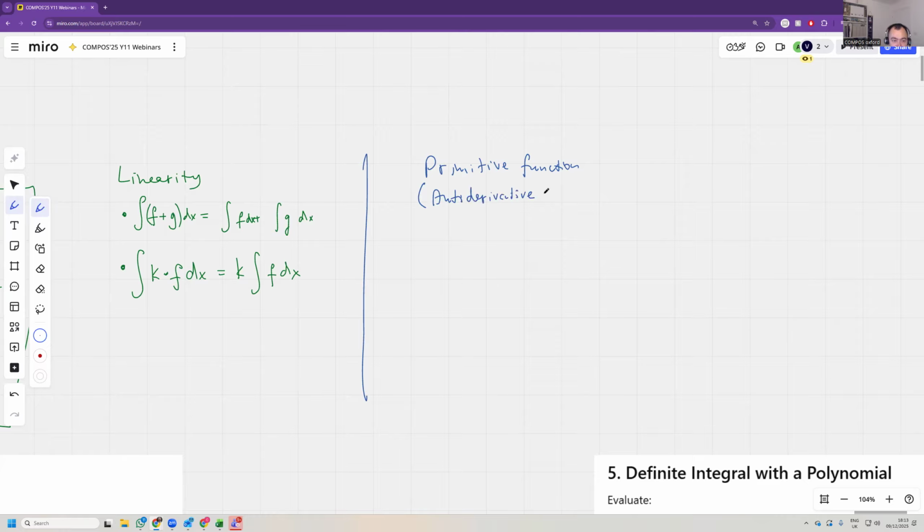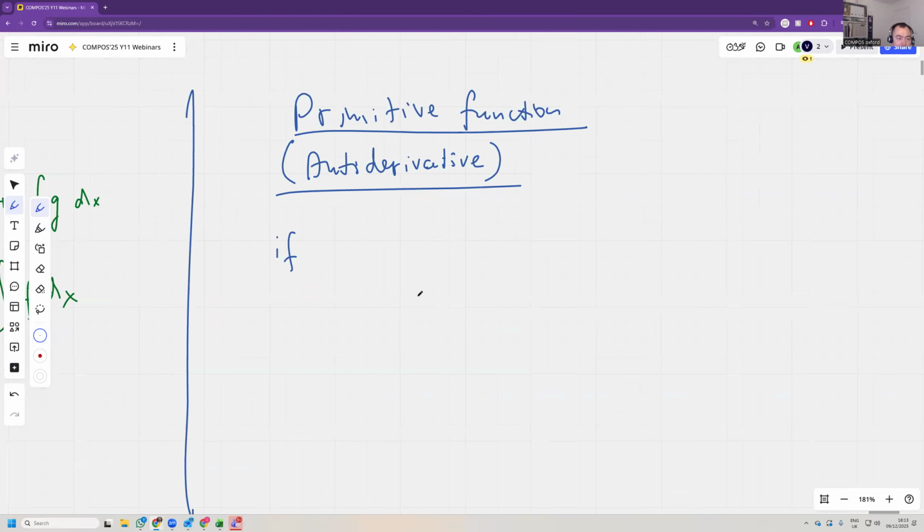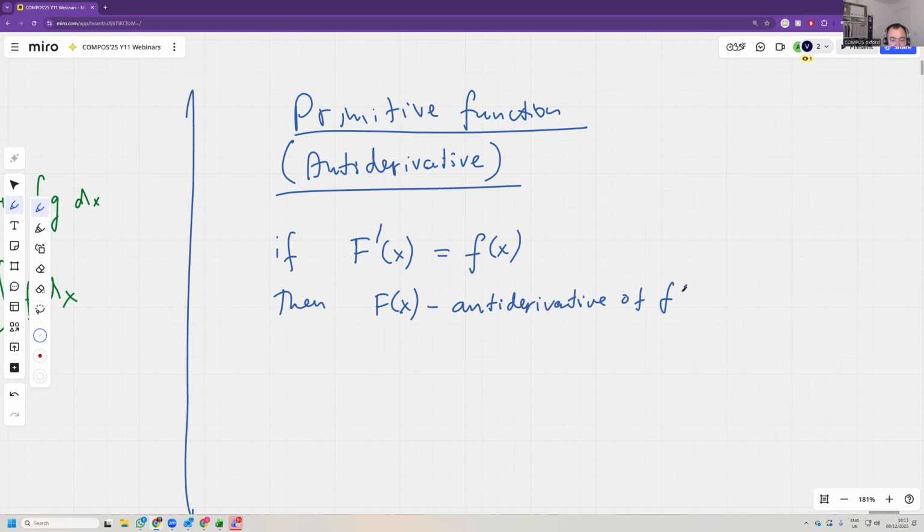So if f dash of x is equal to f of x, then F of x is the antiderivative of f. That's the definition.